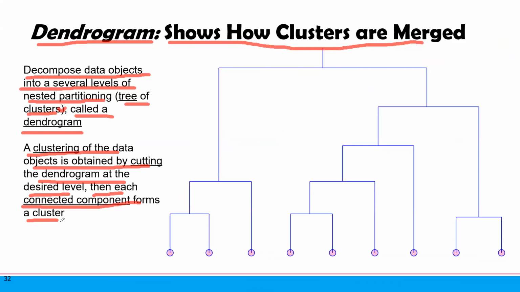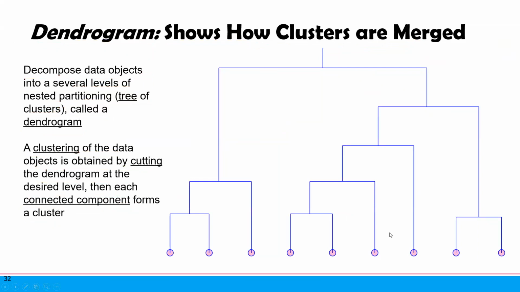What does it mean? Now let's see. How many data do we have here? 1, 2, 3, 4, 5, 6, 7, 8, 9. Okay, we have 9 data. Now, I want to group this data into 3 groups.